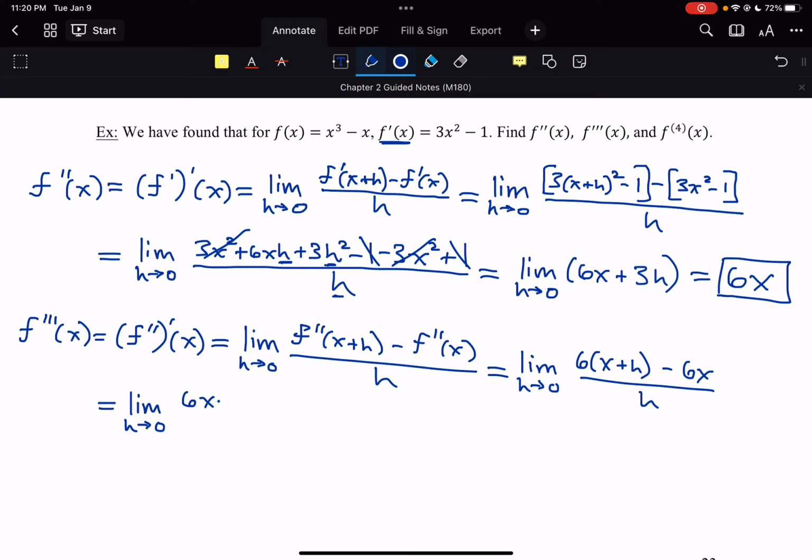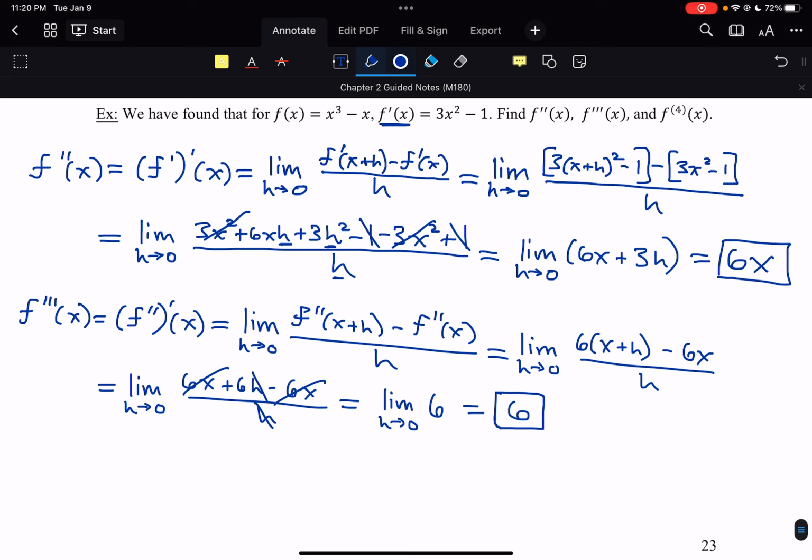So we get 6x plus 6h minus 6x all over h. 6x's cancel, h's cancel. We just have the limit as h approaches 0 of 6, which the limit of a constant is just that constant. So f triple prime is just 6. So that's the third derivative of that function.